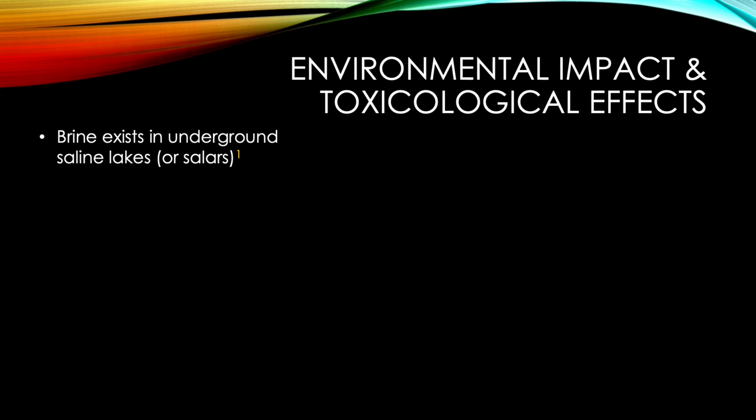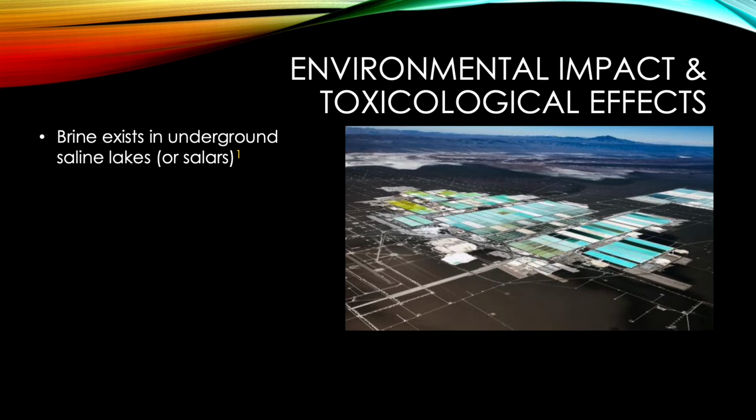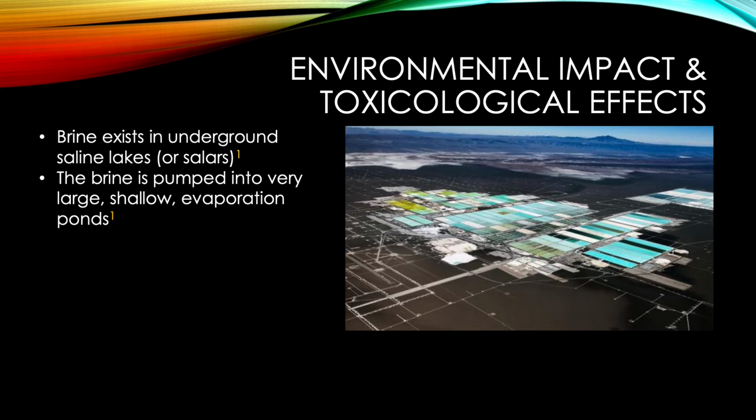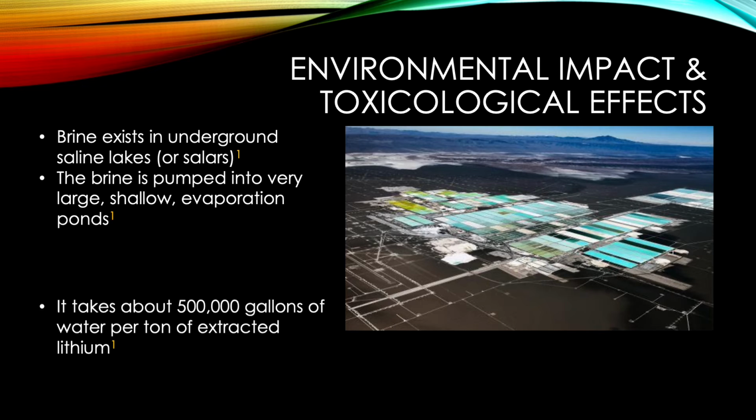So what are the environmental impacts for lithium? As we stated earlier, lithium exists in brines, and brines exist in underground saline lakes or salars. What we do is pump that brine to the surface into shallow evaporation ponds. Here you see a picture of evaporation ponds on the surface. It takes up a lot of land space.